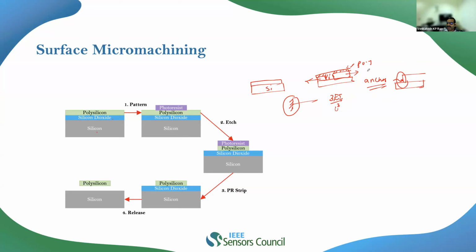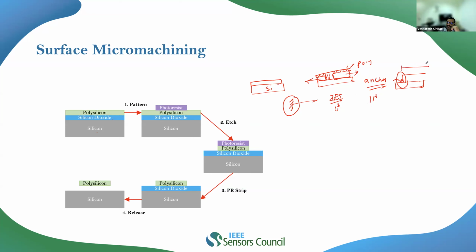Depending upon the oxide layer thickness, the dimensions of the anchor will also change. But typically, in any surface micromachining process, this oxide layer will be around 1 micrometer, so the typical anchor length will be around 1 micron.